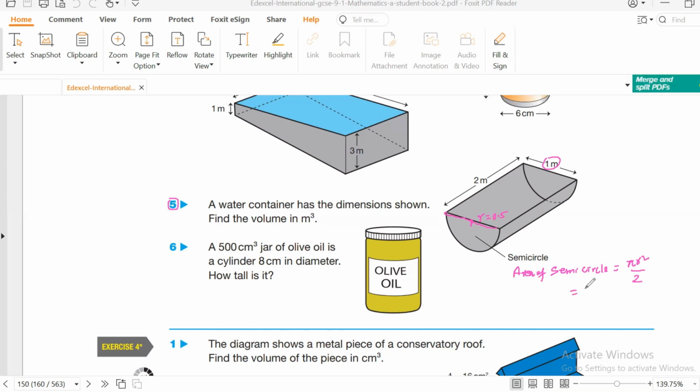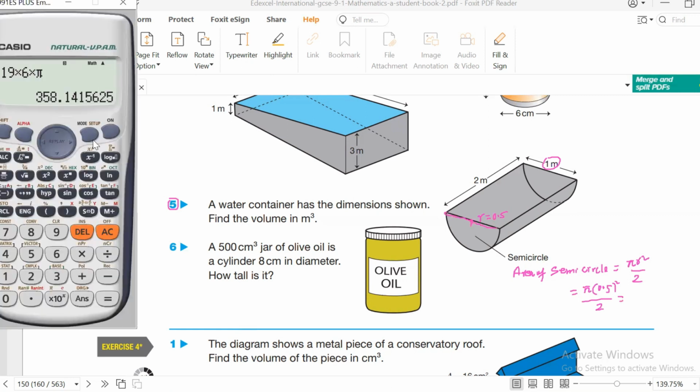So we can straight away substitute the value, which is 0.5 whole square over 2, and then we can check in the calculator as well. Shift pi, bracket open, 0.5 squared, over 2.